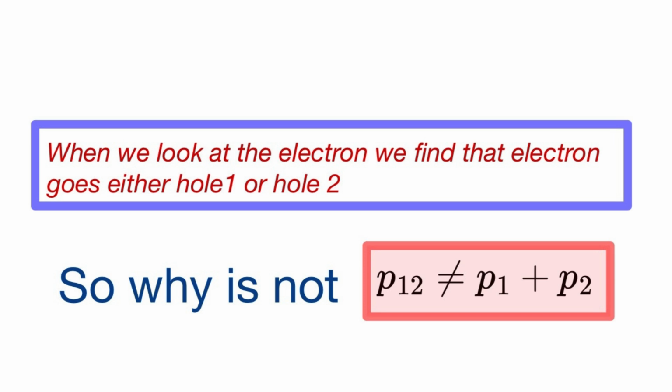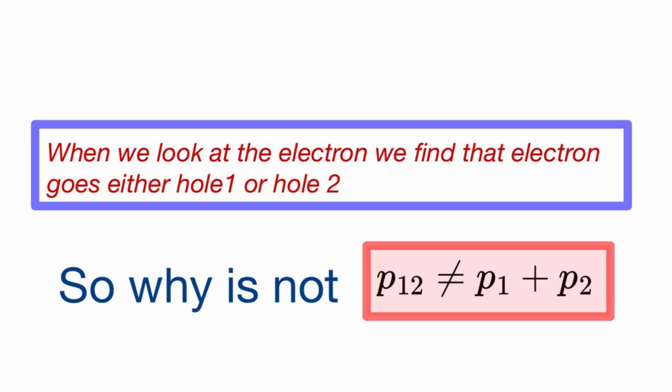When we detect this, we always observe that it comes from either hole 1 or hole 2, but never both at once. So we conclude that when you look at the electron, we find that the electron goes through either hole 1 or hole 2. So why is P12 not equal to P1 plus P2?